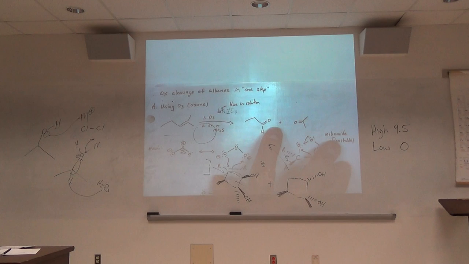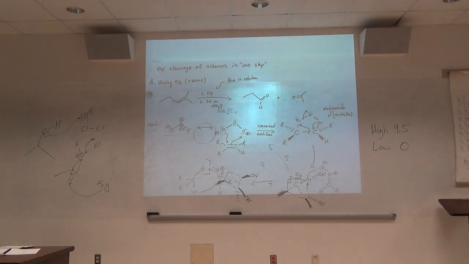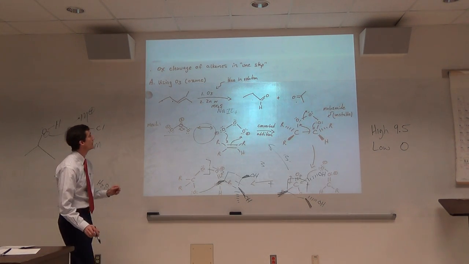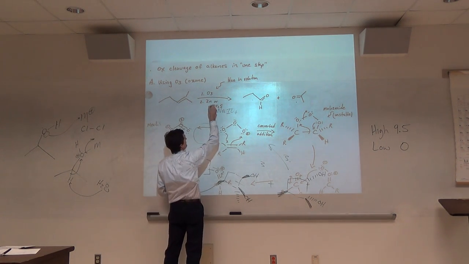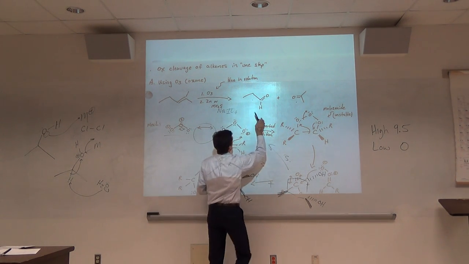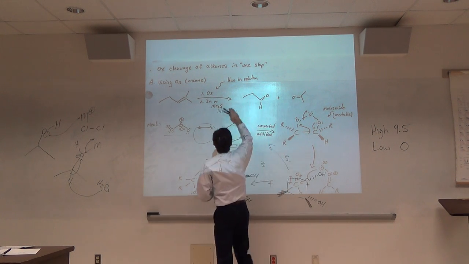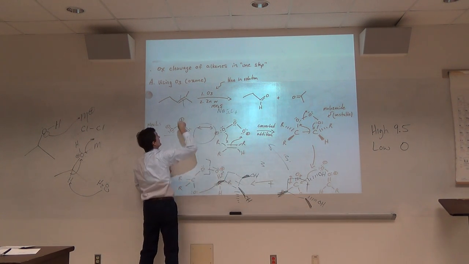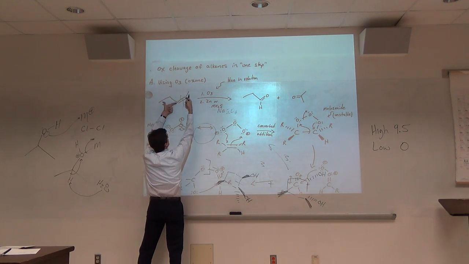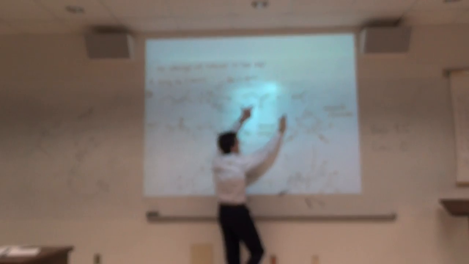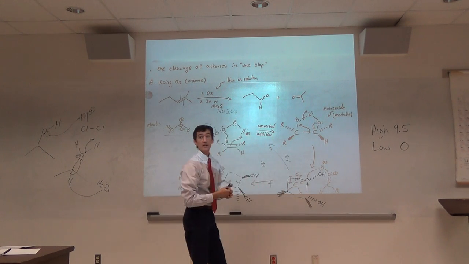Let's look at this mechanism. You take this alkene, react with ozone followed by a magic step, you get two carbonyls. It cleaves it, each carbon becomes a carbonyl, and if you look at it, that's what you got over there.